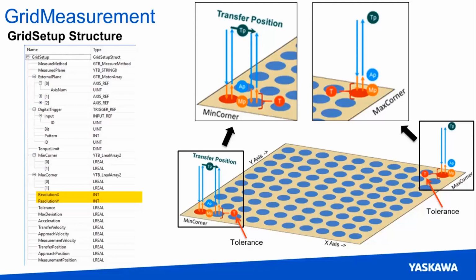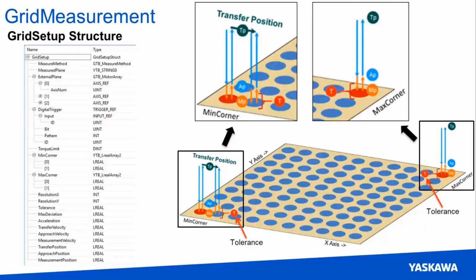So again, to reiterate this, the resolution can be set as low as 3 and up to 20 or more if you'd like. And that is all determined based on how much variation is in your bed. I'd recommend going small first, depending on your measure method, and increasing it if you're not getting the results that you expect.